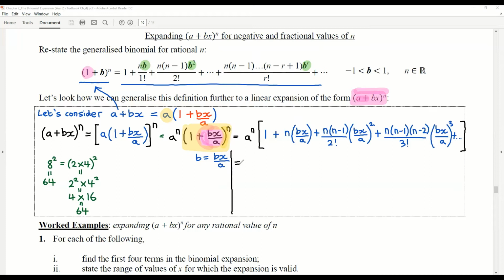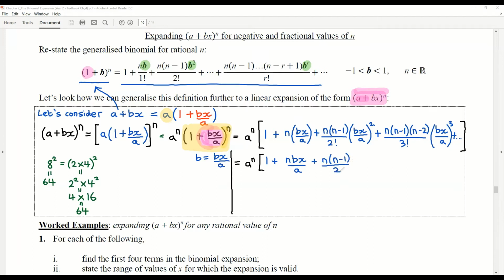So let's just do a couple more steps. In other words, you're going to have a to the power n, and then inside the bracket, you're going to have 1 plus nbx over a. So it's a bit more complicated, isn't it? Plus n multiplied by n subtract 1 over 2.